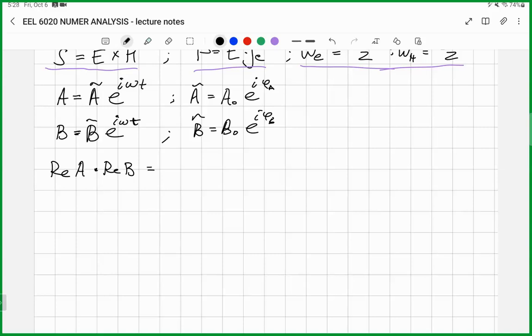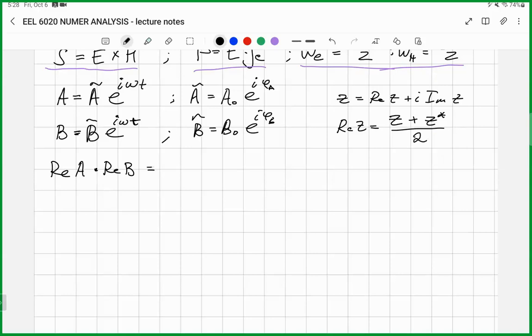You remember that if you have a complex number with real part and imaginary part, the real part of the number or any function can be found by taking the sum of the number plus the complex conjugated version of the number and dividing by 2.